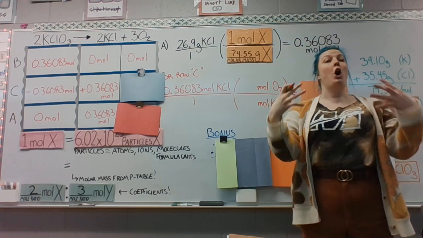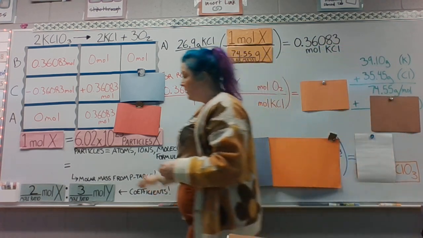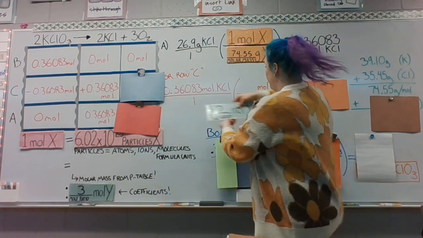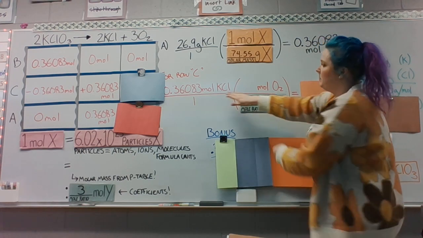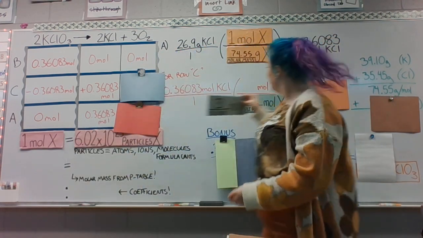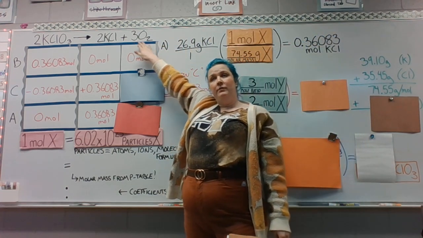Remember, we're using the coefficients to help us calculate row C. So what's the coefficient in front of KCl? It is 2. So we put 2 on the bottom because that's the coefficient in front of KCl. 3 goes with oxygen because again, that is the coefficient in front of oxygen.